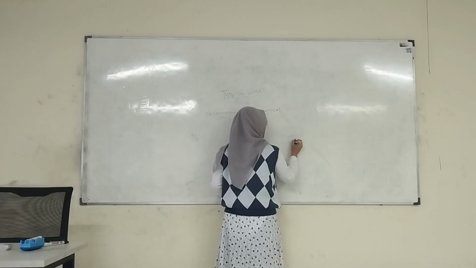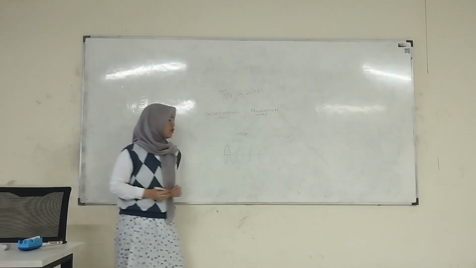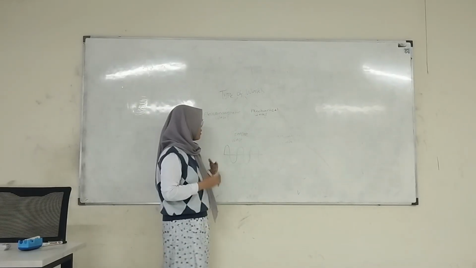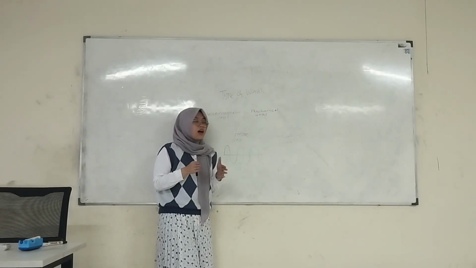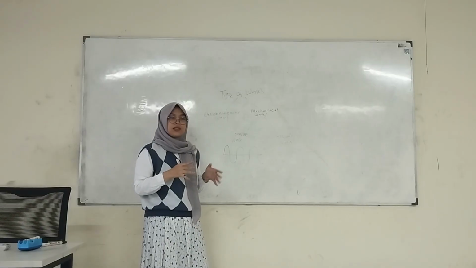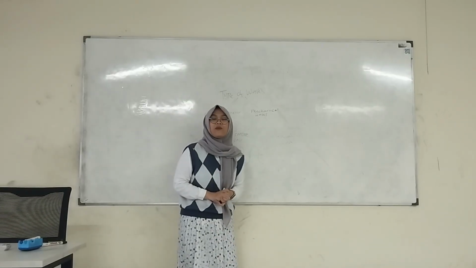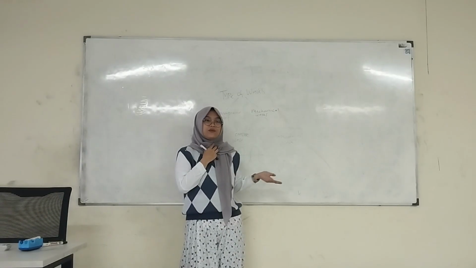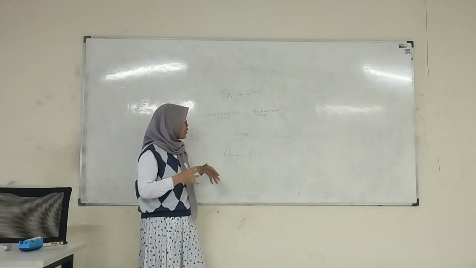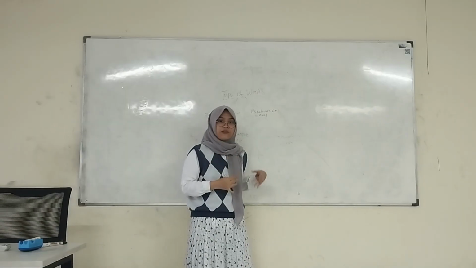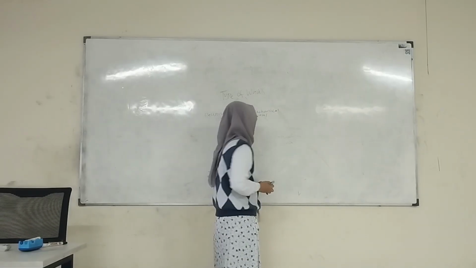longitudinal waves. What is a longitudinal wave? A longitudinal wave is a wave in which the particles move back and forth, following the direction of the wave. For example, when we speak, our voice will vibrate, and the vibration will push the air particles and create a wave to the listener's ear.